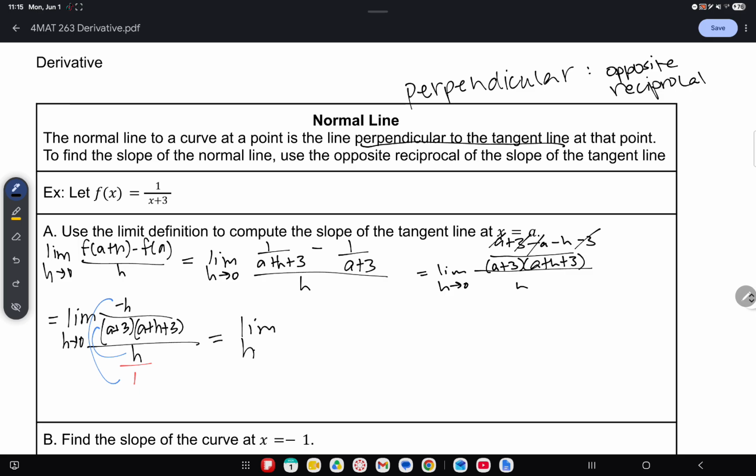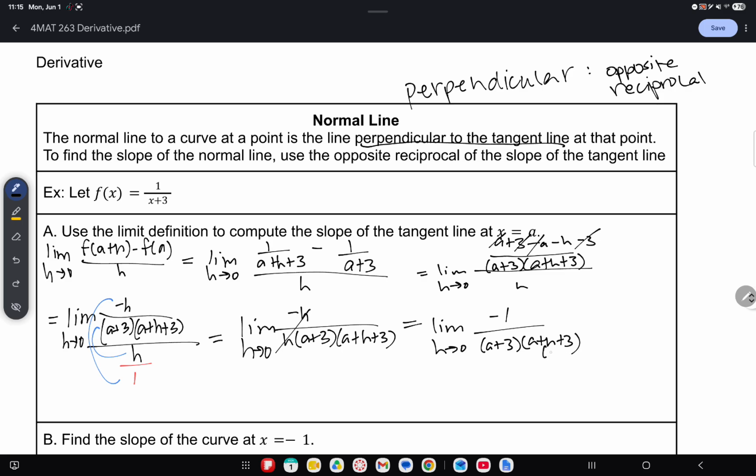So we got the limit as h goes to 0. Big C is negative h times 1, and then little c is h times a plus 3 times a plus h plus 3. The h's will cancel out or simplify down to 1. So I get negative 1 over a plus 3 times a plus h plus 3.